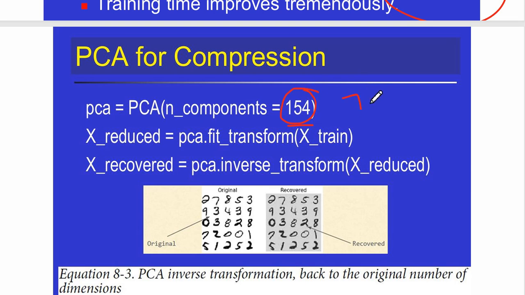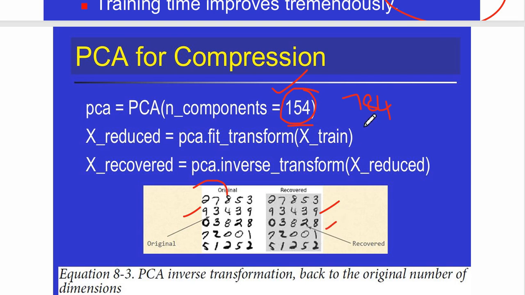Actually how many features do we have? 784. If we choose 154 components from these 784, we get almost all the actual data. This is the original data set, and this is after considering the 154 components; we are also getting the same data.